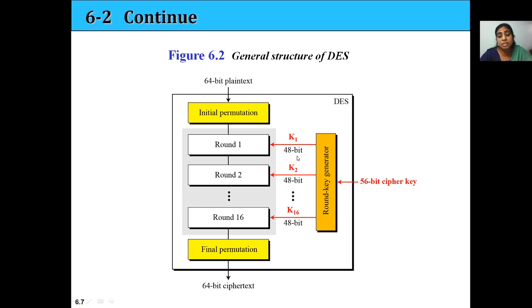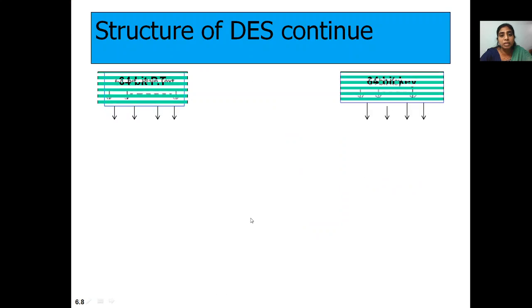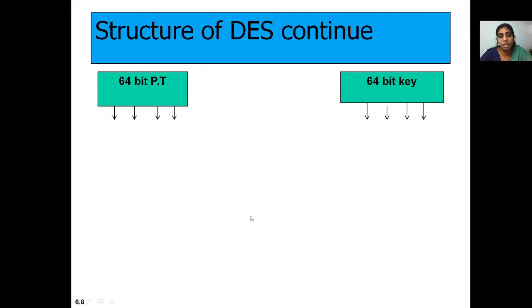Initially we had a 64-bit key which was compressed to a 56-bit key. Then for each of the 16 rounds we give a 48-bit key, and then we have the final permutation and get the 64-bit ciphertext.